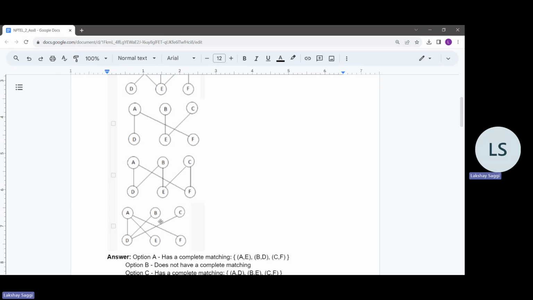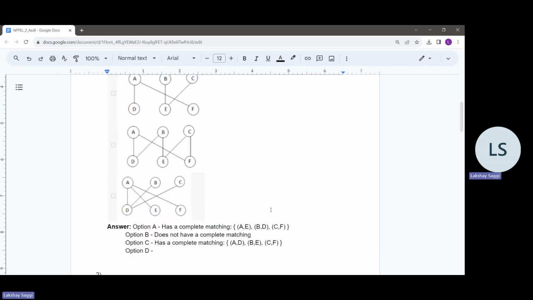So this C comma D should be present in the matching. And similarly here, this vertex B also has a single edge. So this B comma D should also be part of the complete matching. But note that B comma D and C comma D, both of these edges cannot be part of a matching, because the edges selected in the matching should not share any vertex.